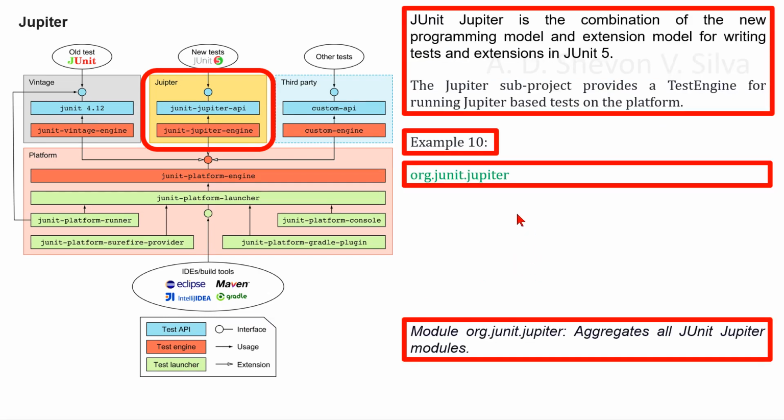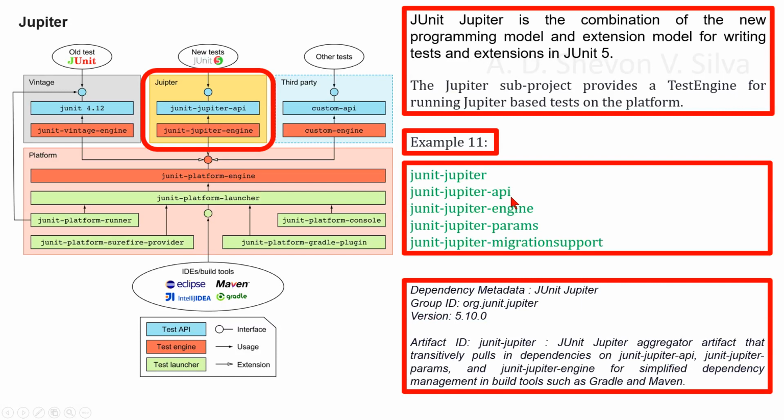As an example 10, we are considering module org.junit.jupiter, which aggregates all JUnit Jupiter modules.